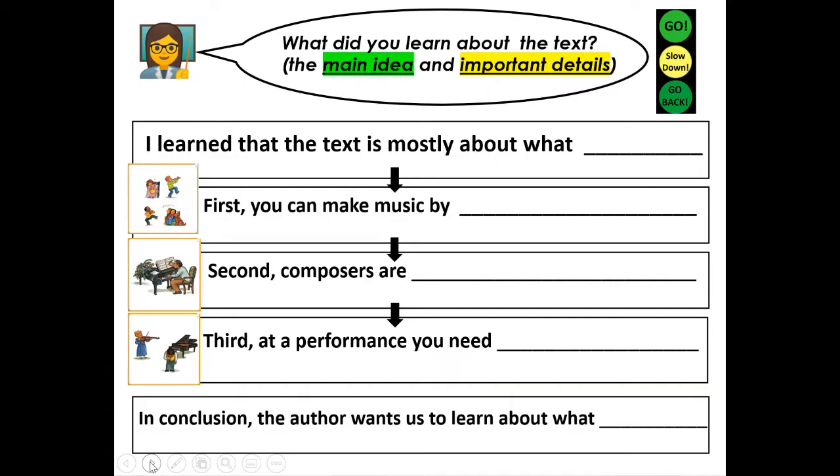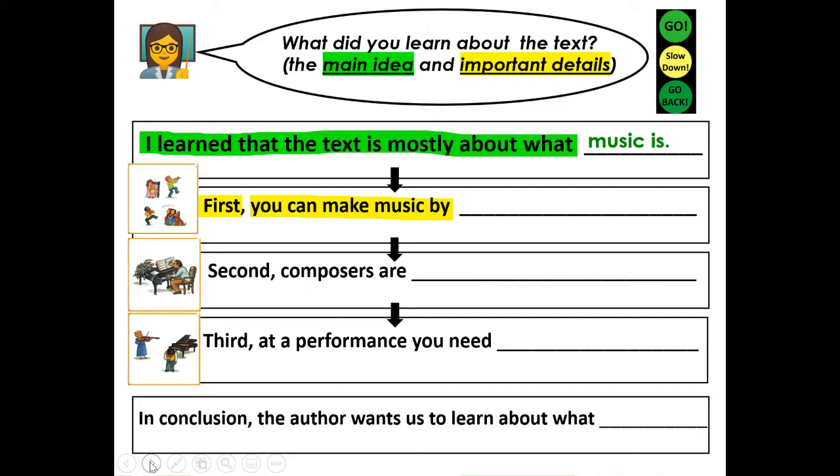All right, now it's time to say the main idea. I learned that the text is mostly about what music is. You don't need to write that, just keep it in mind. Now we're going to slow down and you're going to write your first detail sentence. So, first, you can make music by... how can you make music? So say your sentence.